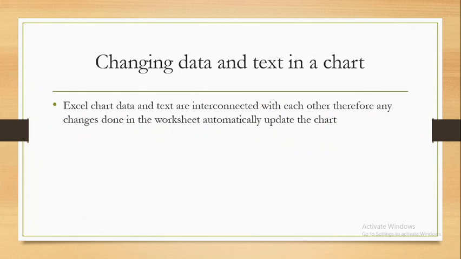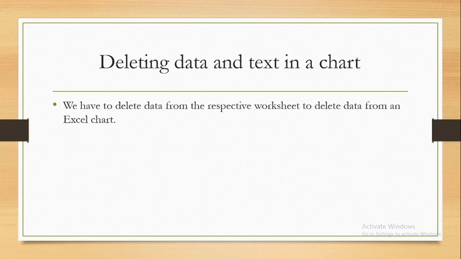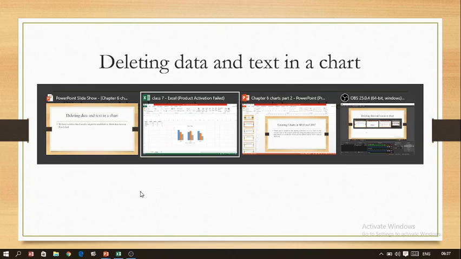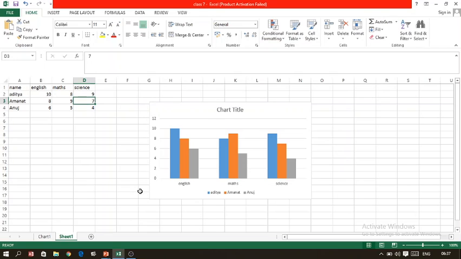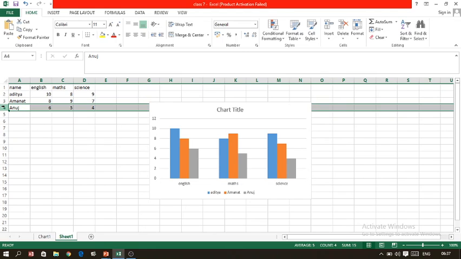After this, the next topic we are having is deleting data and chart in Excel. In the same way as we make any correction, that correction is shown in the chart. In the same way, as we delete something from the values, from the data, that will also be reflected. For example, we don't want Anuj's values, Anuj's entries, in the chart.